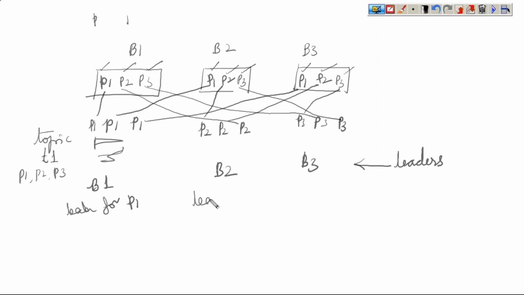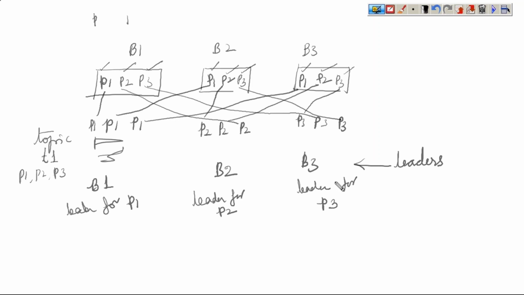B2 is the leader for the second partition, and B3 is the leader for the third partition. Is this clear now?